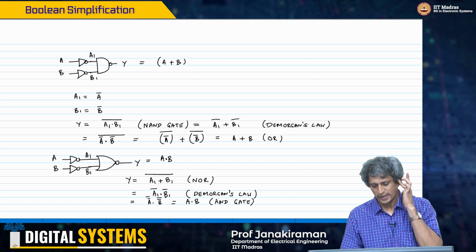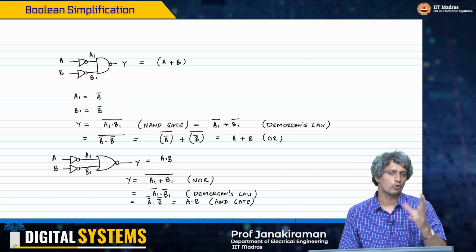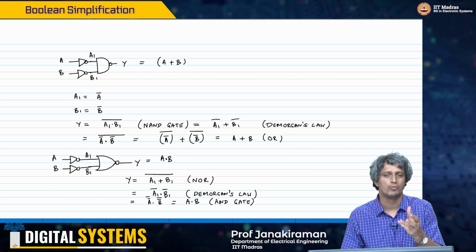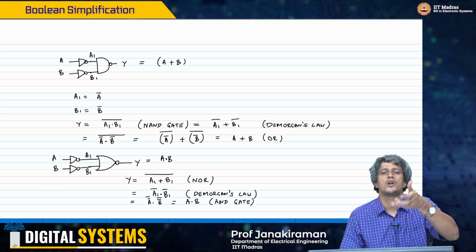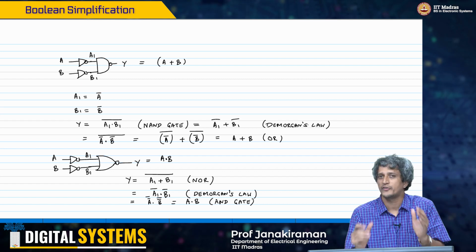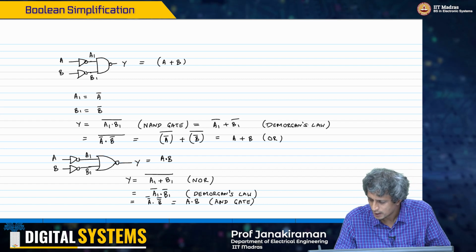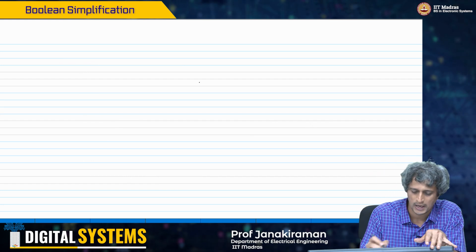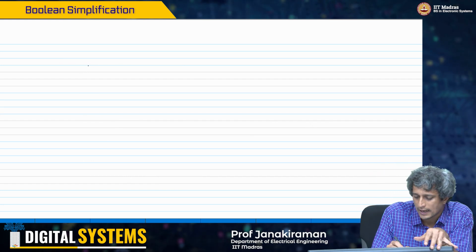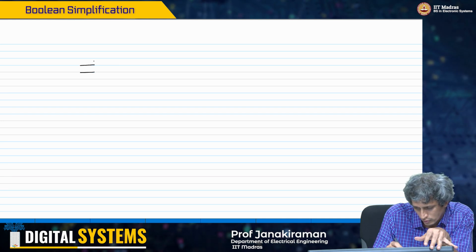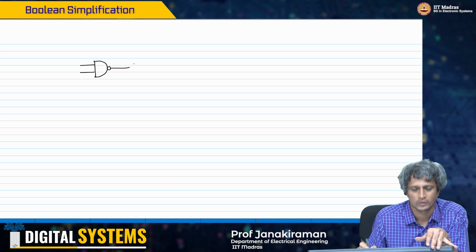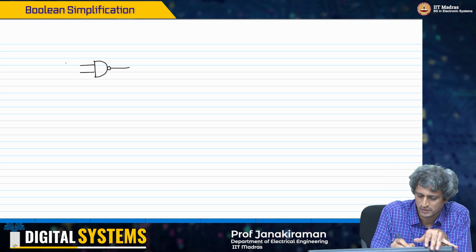Okay. So therefore, the truth table is not the only way to actually simplify a Boolean expression or to find an alternate representation of that Boolean function, right? So now let's look at a slightly more complex function. Okay, I'm going to draw a circuit using NAND gates. Okay, this is the first.